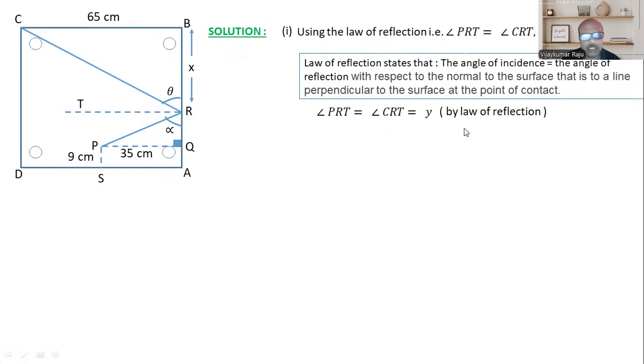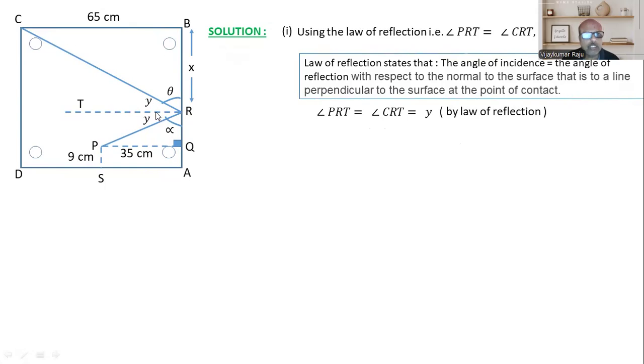By law of reflection, this is y and this is also y, because this is the angle of incidence and this is the angle of reflection, and both are equal with respect to the normal, the perpendicular line at the point of contact.